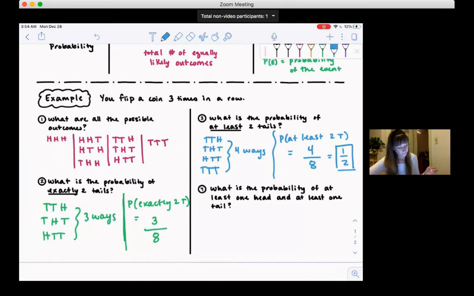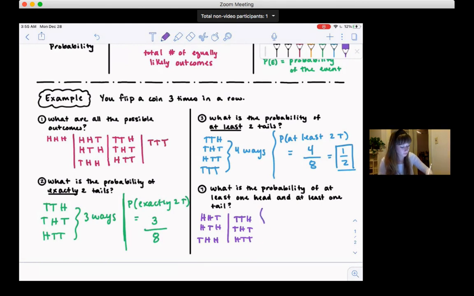Okay, one more. What is the probability of at least 1 head and at least 1 tail? So at least 1 of each. Heads, heads, heads doesn't count. All of these work because they have a heads and a tail. So let's write those down. But the 3 tails doesn't work because that doesn't have a heads and a tail.